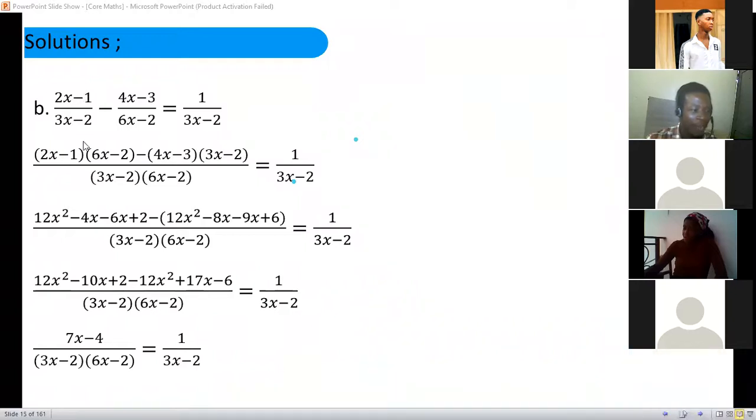So when I divide the LCM by the denominator of the first fraction, that gives me 3x minus 2, another bracket 6x minus 2, divided by 3x minus 2. Then the result is 6x minus 2, because 3x minus 2 will cancel the 3x minus 2.